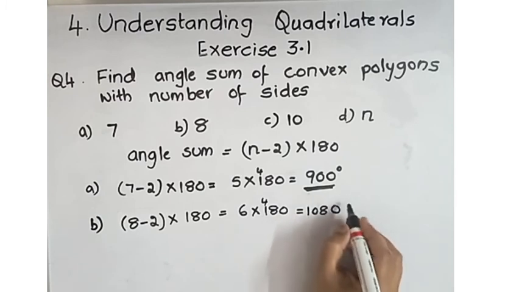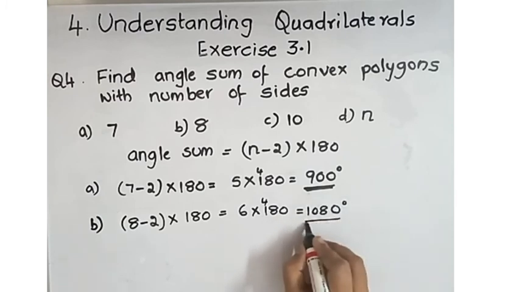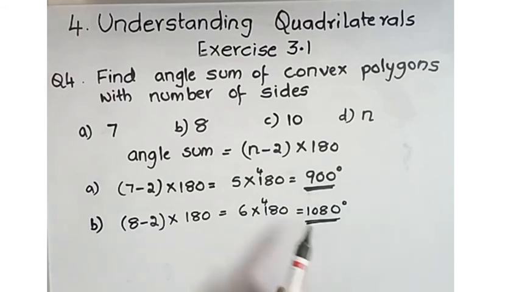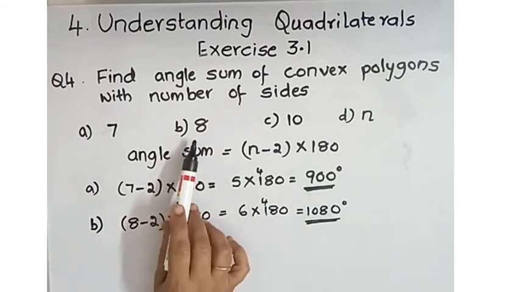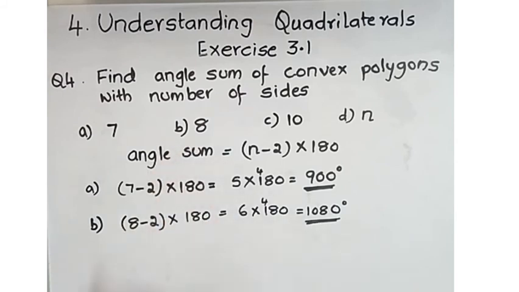That is 1080 degrees. The sum of all the interior angles of an octagon, that is a polygon with 8 sides, is 1080.